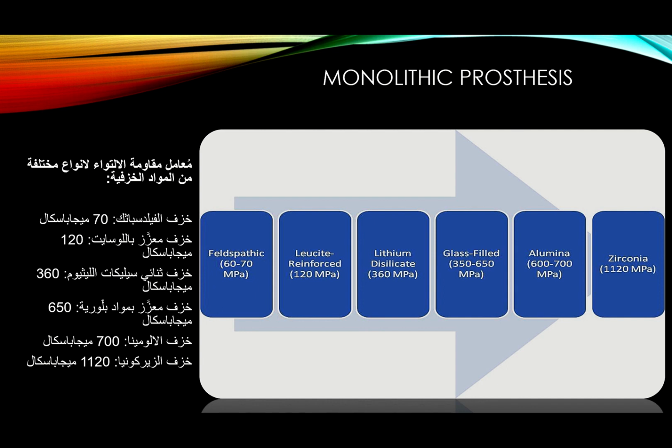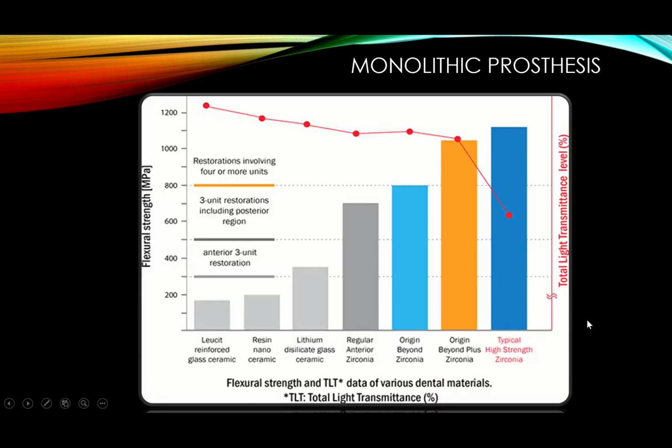And where does it fall in the table? Feldspathics are always weaker in flexural strength than leucite-reinforced, which is Empress and these products, and they're both weaker than lithium disilicate, which is weaker than glass-filled alumina and zirconia. We will discuss all of that in detail.